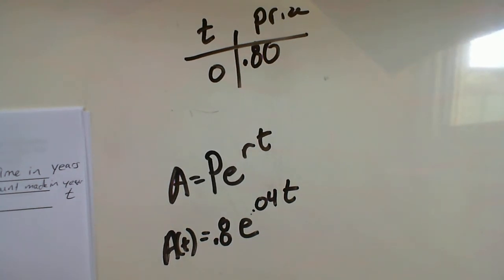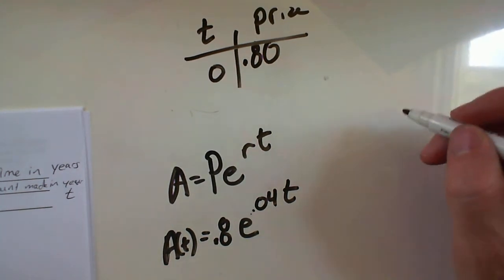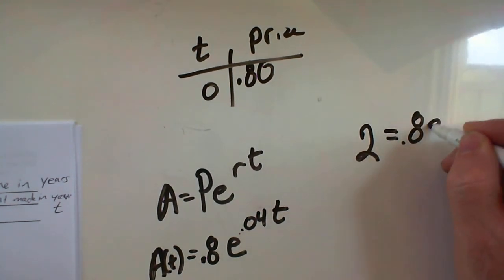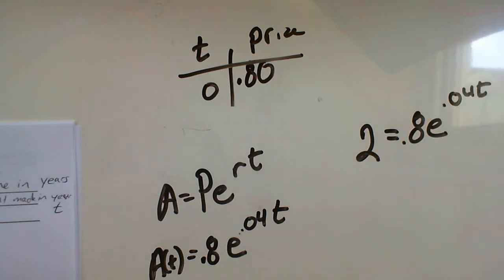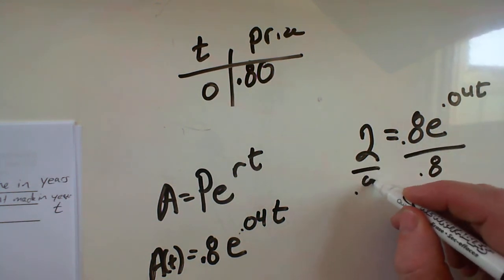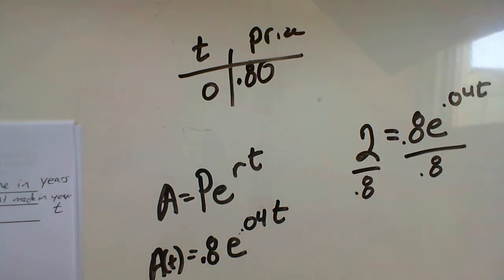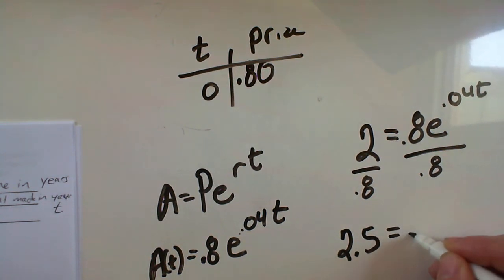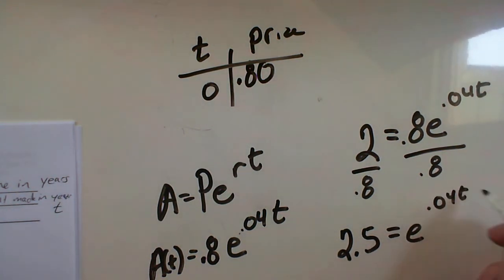It then asks, when will the average price be $2? So 2 equals 0.8 e to the 0.04t. Now we just have to solve this for t. So we divide both sides by 0.8. That gives us 2.5 equals e to the 0.04t.